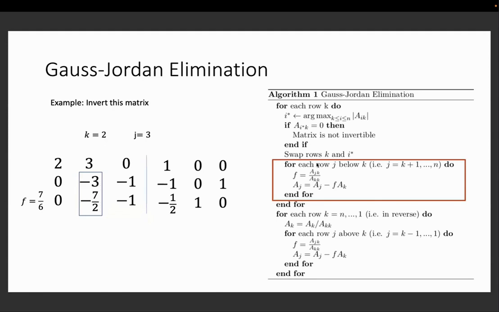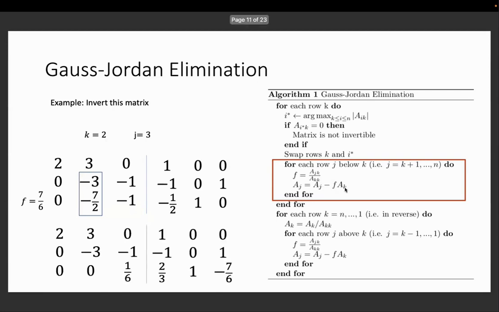So we can divide them and then f is equal to 7 divided by 6. And then similarly, we have subtraction for the A3 minus F A2. So this also can make sure that these elements change to 0, right?